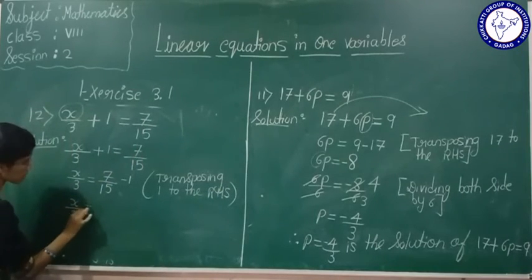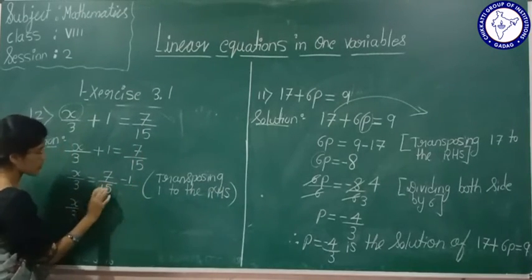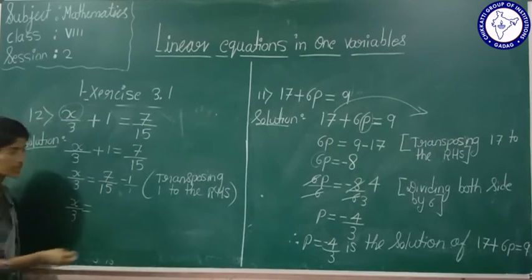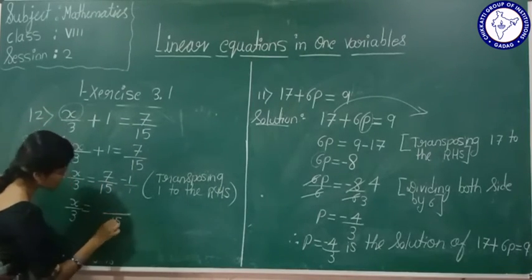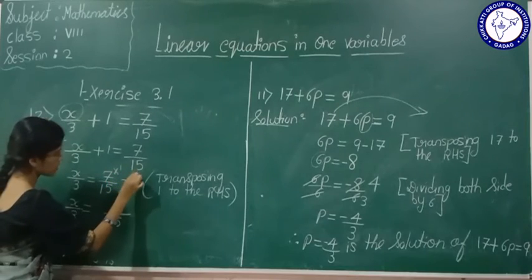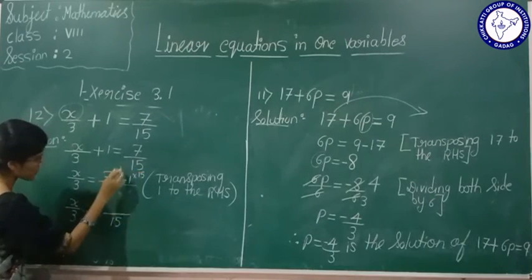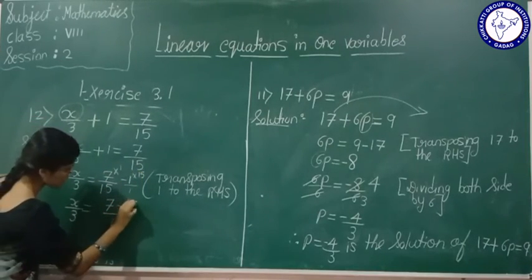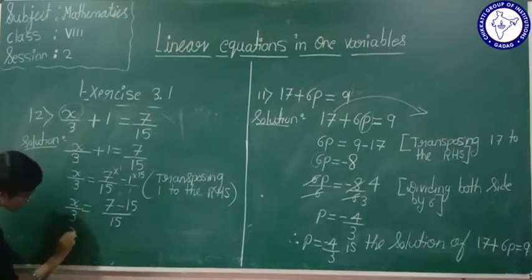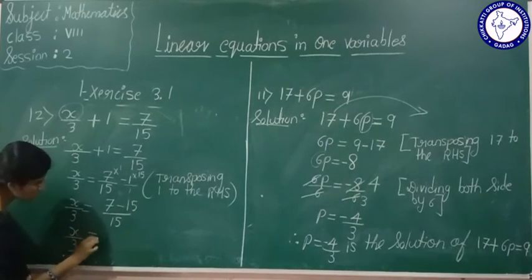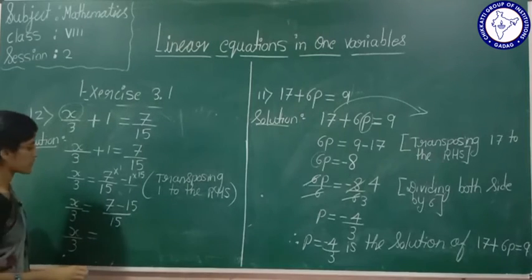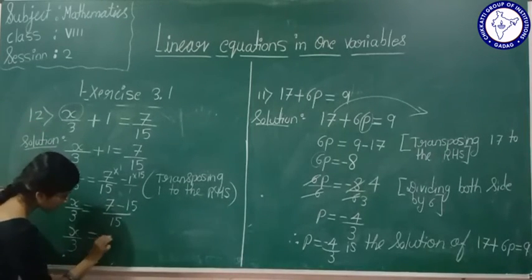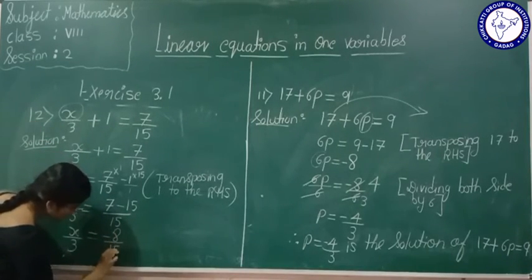Okay. So what will it become? x by 3 is equal to, take the LCM of 15 and 1. The LCM of 15 and 1 is 15. 15 ones are 15, 7 ones are 7, minus 15. So x by 3 is equal to 7 minus 15, which is minus 8 by 15.